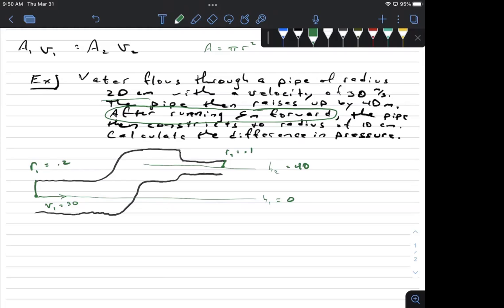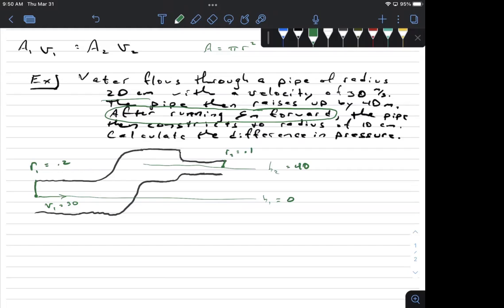How far forward it goes, I don't need to know. So if you see information in one of these questions that deals with how far forward a pipe goes, ignore it. Don't let it confuse you. Don't think, oh, I need to use this piece of information somewhere in my calculation. You don't. It's meaningless information, and it's there purely to test whether you can find what's important and what's not important in a question.